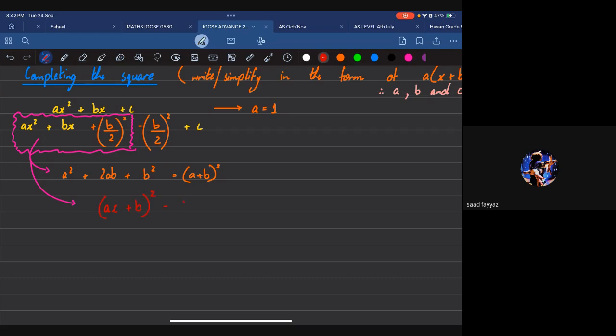Now the rest can be written outside as b over 2 whole square plus c. Now, obviously, you solve this entire bit and whatever simplification you get, lastly you're going to get a constant term outside as well. So your final answer is going to look somewhat like this.